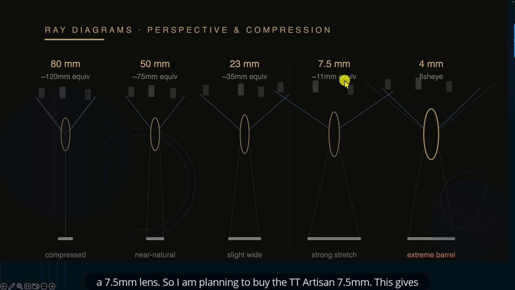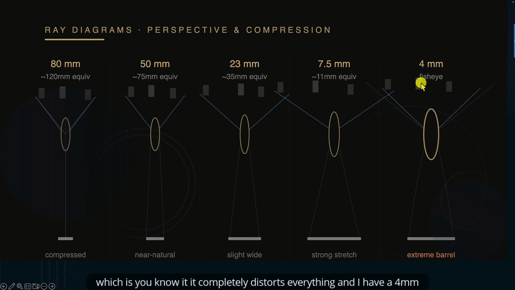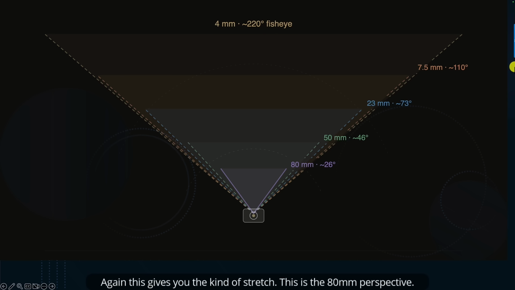A 7.5mm lens, so I am planning to buy the TT Artisan 7.5mm, gives you a strong stretch, and the 4mm fisheye completely distorts everything. And I have a 4mm from 7 Artisan, and this has an extreme barrel distortion. Again, this gives you the kind of stretch.